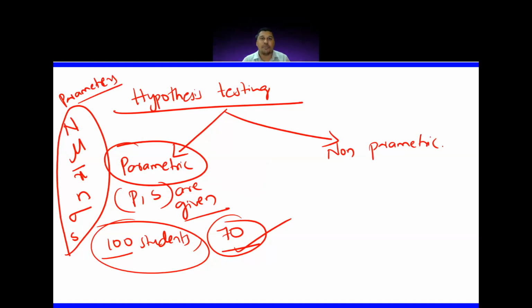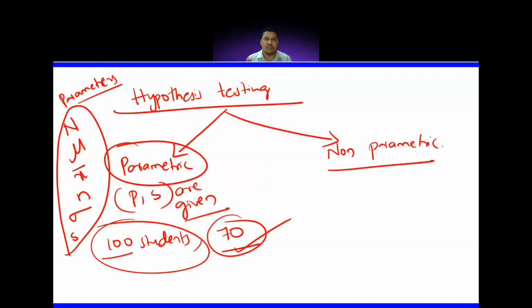So in a given problem, if some information related to these parameters is given, then we apply certain kinds of tests. We have different testing techniques, and if none of these are given, we apply other kinds of testing techniques. In parametric testing, the parameters of population or sample are given. In non-parametric, no information is given.